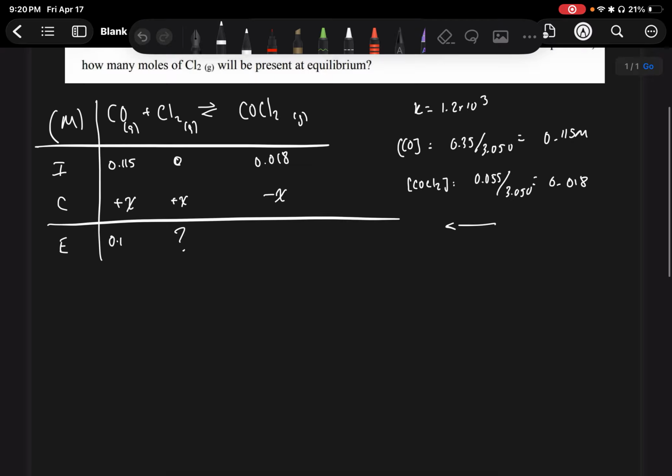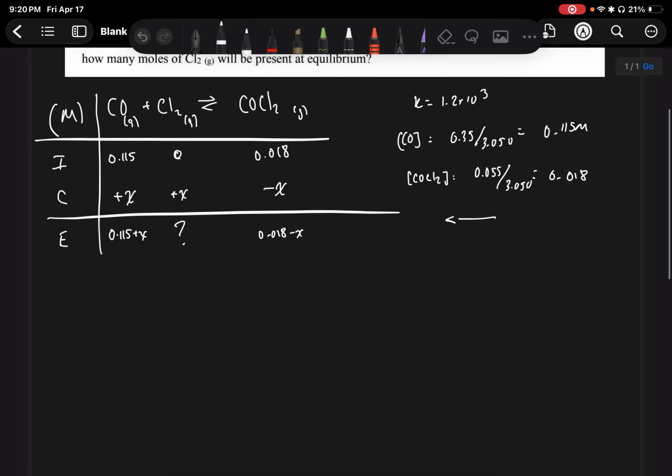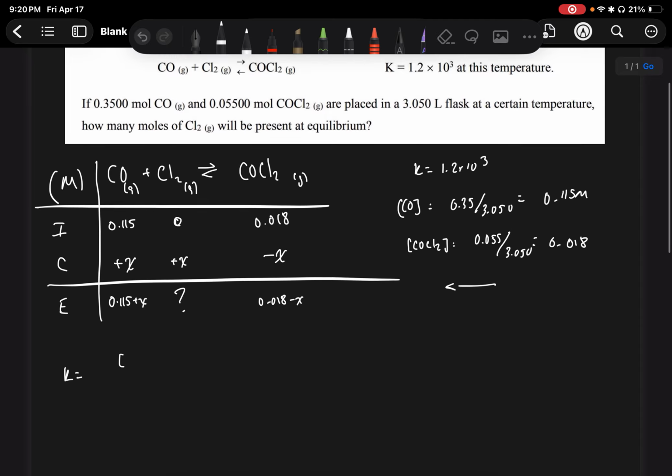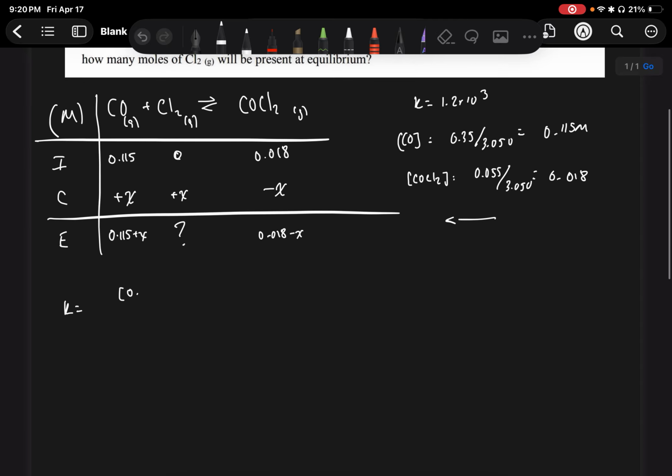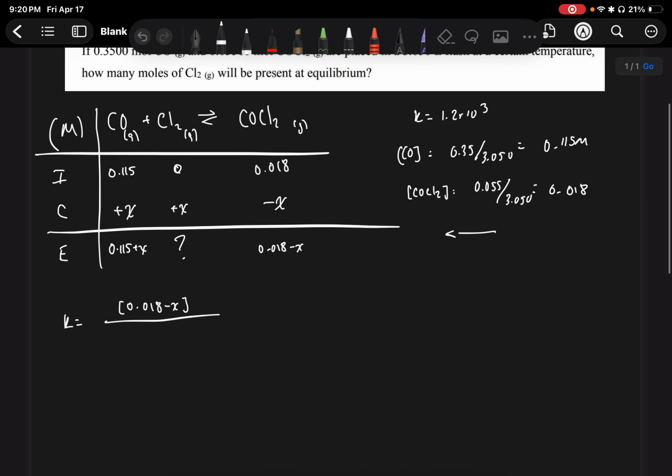so it's 0.115 plus x, 0.018 minus x. So now we need to do the K expression, so products over reactants. Okay, what I'm doing right now might not look right, but trust I know what I'm doing. Even though the reaction is going in backwards, I don't want to do the reciprocal of K because that's a lot of work, so I'll just keep it as it is.